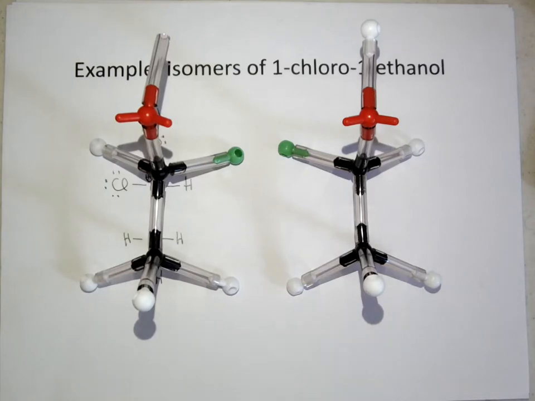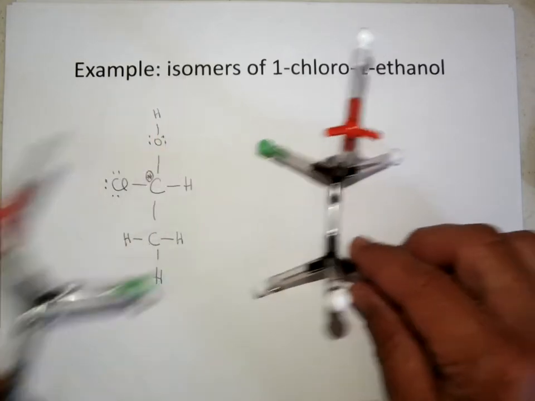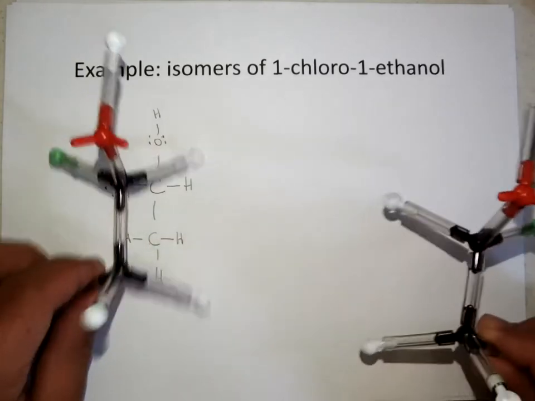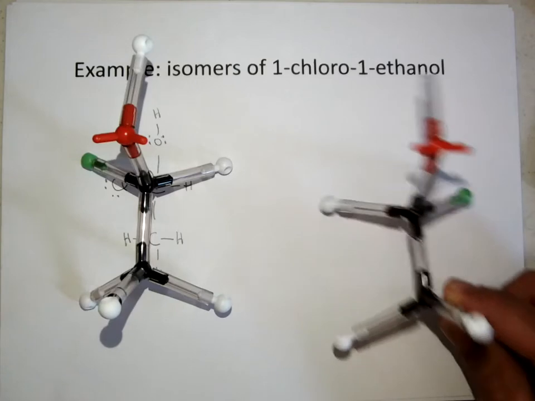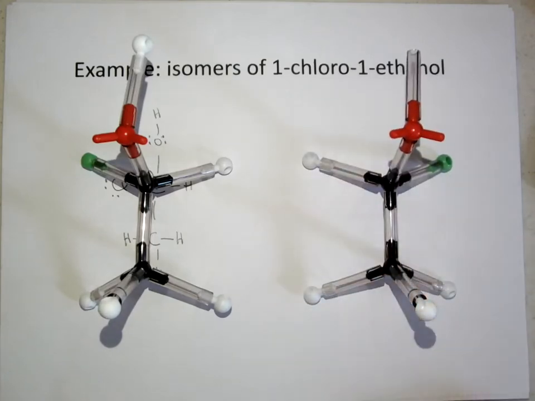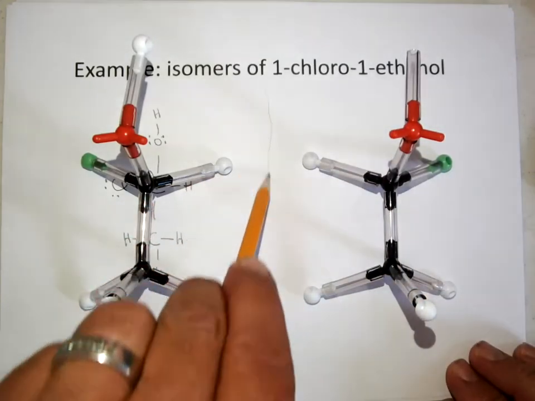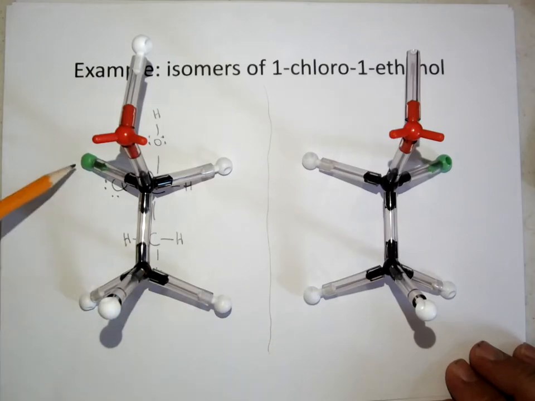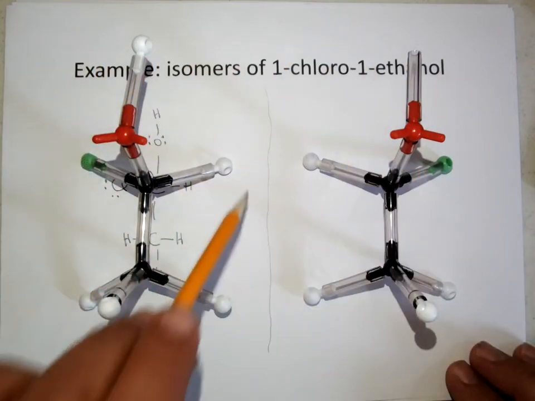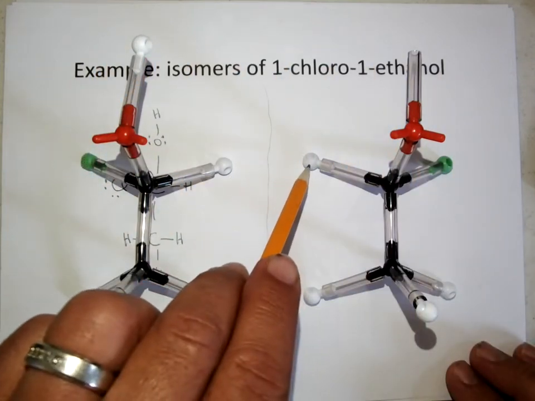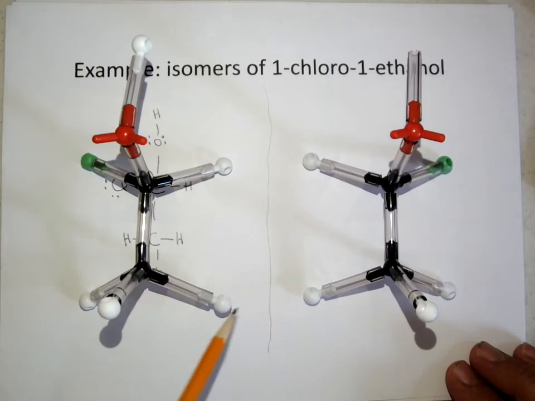So if you take a look at this, I'll actually put this one on this side so I can overlay it with a picture that looks similar in terms of orientation, as a mirror image of this one. If you envision a mirror here, what's far away from a mirror reflects and looks like it's far away. So the chlorine is reflecting with the chlorine, hydrogen's reflecting with the hydrogen, methyl's reflecting with the methyl.